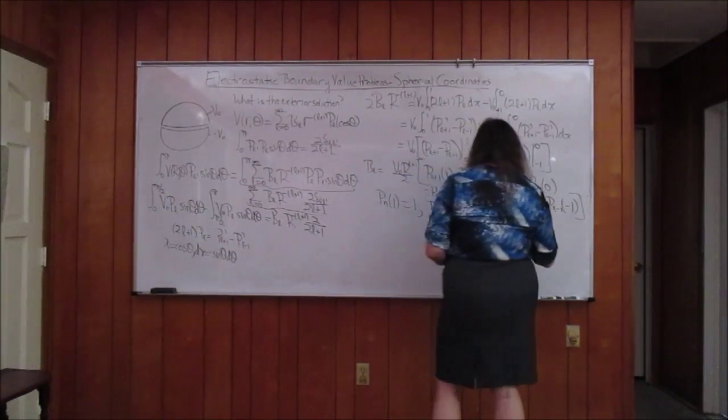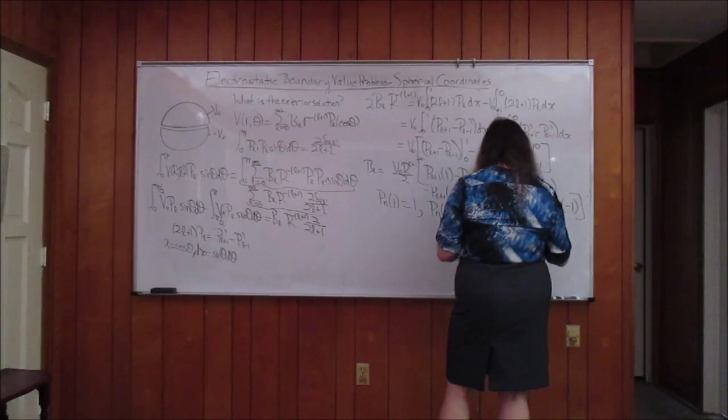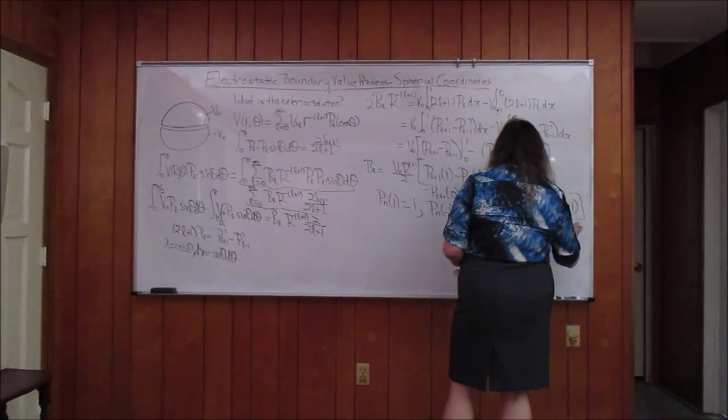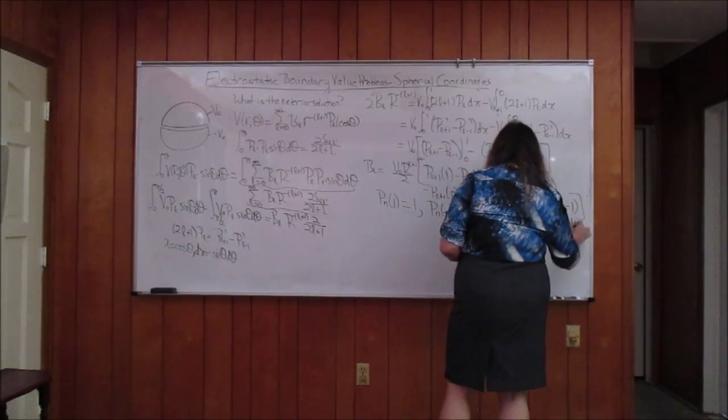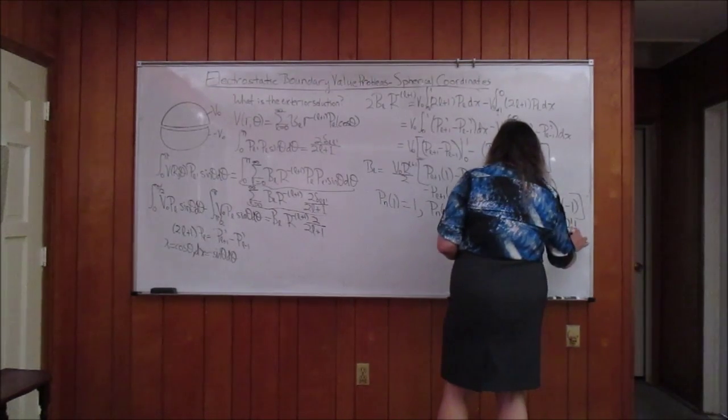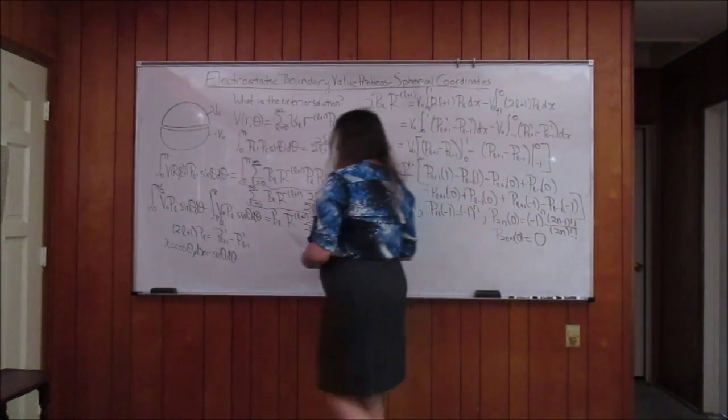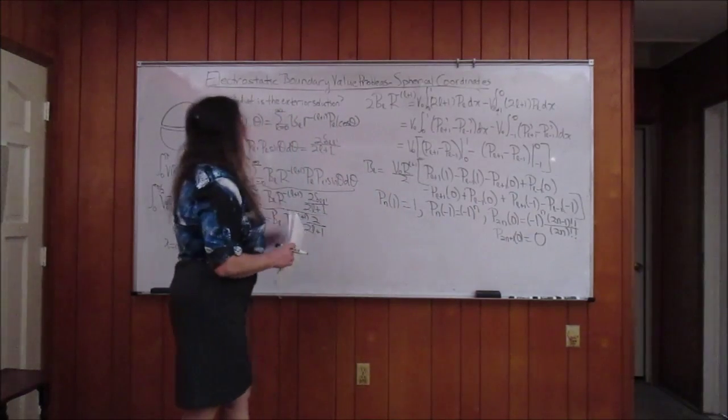So this is minus 1 to the n, times 2n minus 1 double factorial over 2n double factorial.